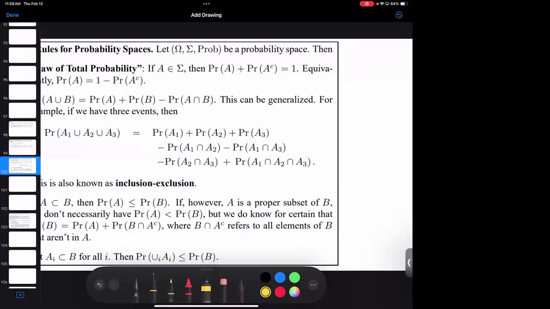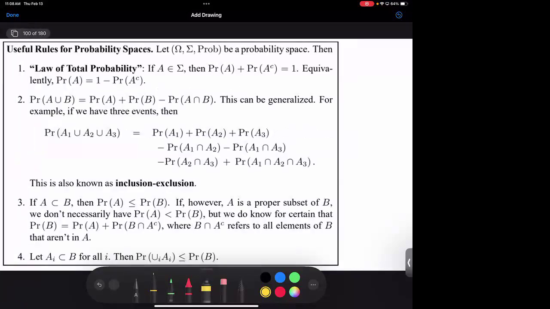A little bit more rigorously, we've already done that the probability of a union of 2 sets is the probability of A plus the probability of B minus the probability of the intersection. And you can get this with Venn diagrams. Below is the beginning of inclusion-exclusion, the probability of a union of 3. How could you prove the formula for the probability of 3? This is similar to something we did earlier today. What could you do? You could group it.